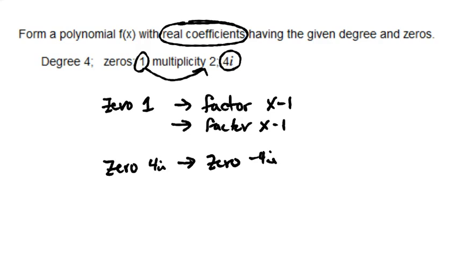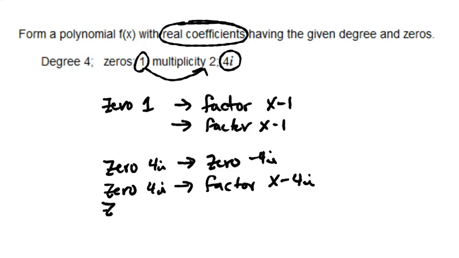So that means that we have, for the zero of 4i, a factor of x minus 4i, and for the zero of negative 4i, we have a factor of x plus 4i. We're going to use these factors to form the polynomial.